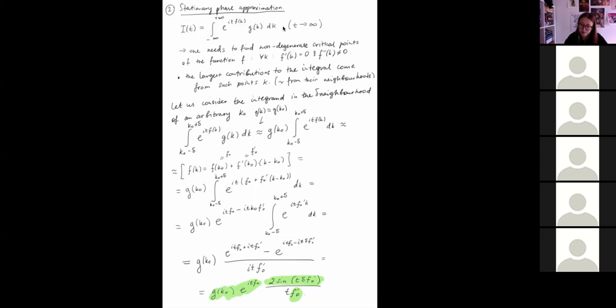Which gives us the intuition that if the derivative of f at the point k0 is equal to 0, then the contribution of the neighborhood of this point k0 would be the greatest, because this short calculation, approximating how the contribution would look in the first order approximation of f at this point, showed us that the contribution would actually be infinite.